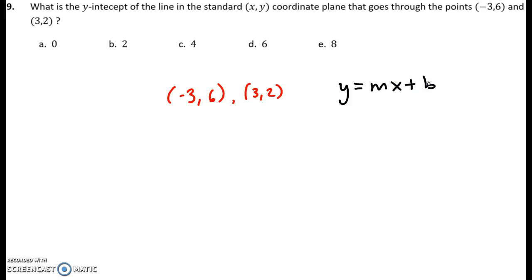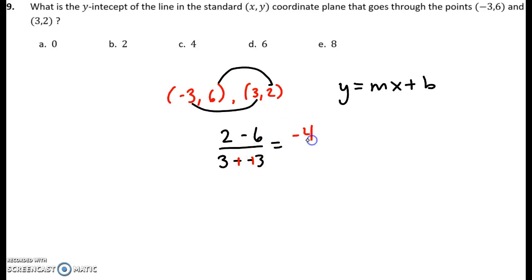Now I need to find the slope, so subtract my y, so that would be 2 minus 6 all over 3 minus -3. This becomes a plus when you take away a negative.